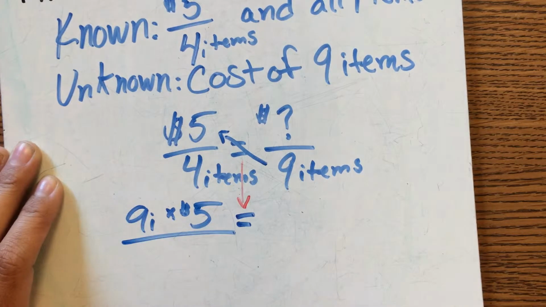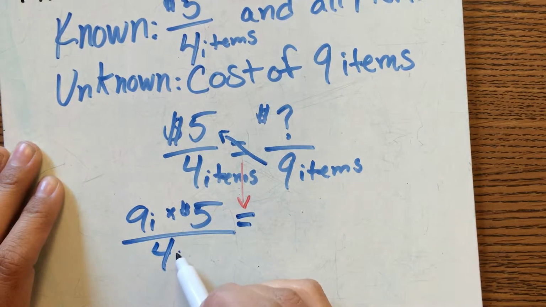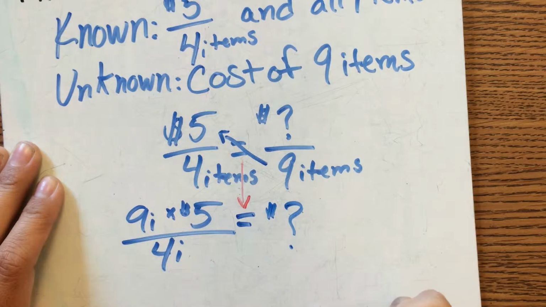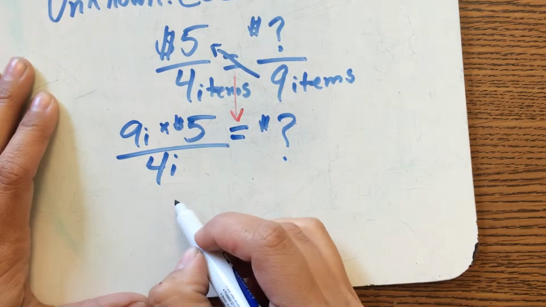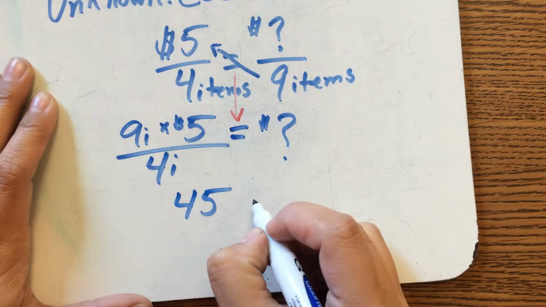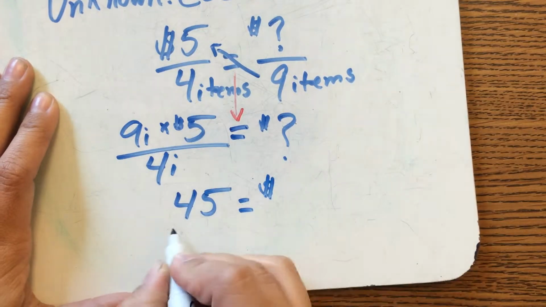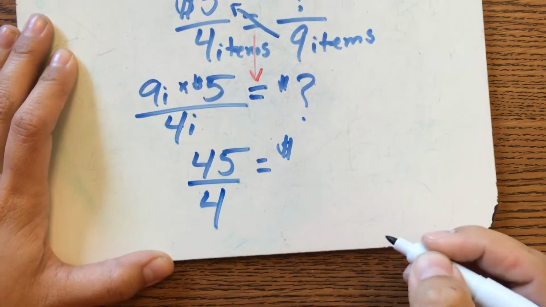Now let's look at what we did not change. We didn't change the 4. We didn't do anything to that. That's still in the denominator. And we still have our question mark on this side, question mark dollars. So 9 times 5 is 45 equals, don't forget about the 4 in the denominator, right?